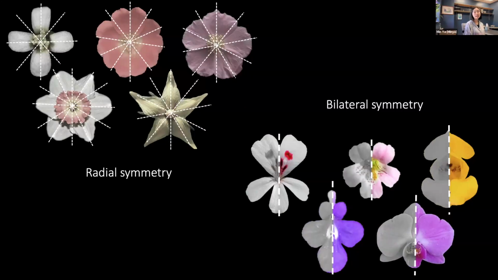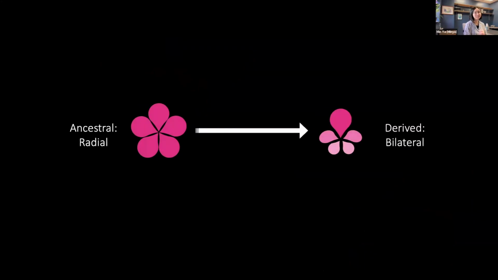From an evolutionary perspective, the ancestors of all flowers and of all the major flowering plant groups are predicted to produce radially symmetric flowers, so bilateral symmetry is a derived state. The current estimation is that as many as 200 transitions happened between these two forms, so floral symmetry is a very evolutionarily labile trait.